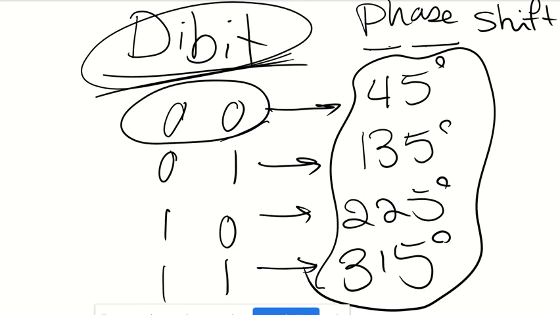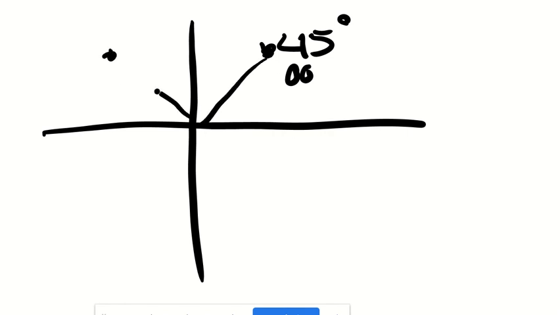For example, when I'm sending 2 bits, this is the phasor. By phasor, that means I have the amplitude of my signal and phase. So I said I have 45 degrees for 0, 0. Then that would be 1. Then I have 4 different phases.